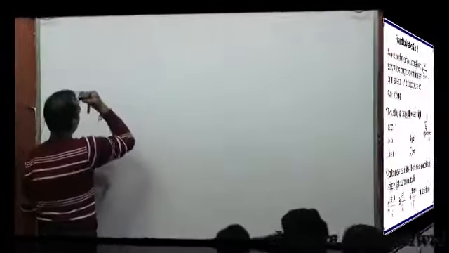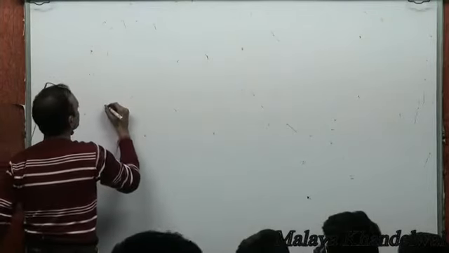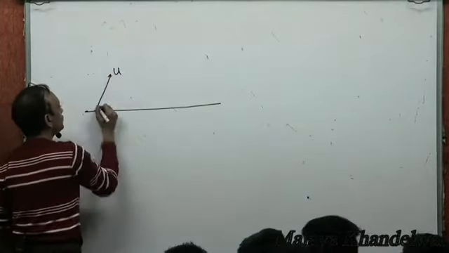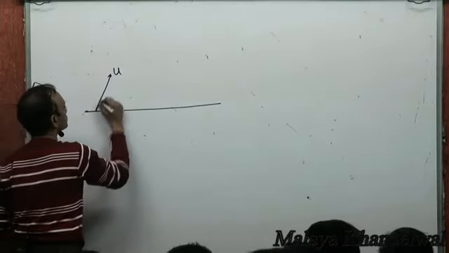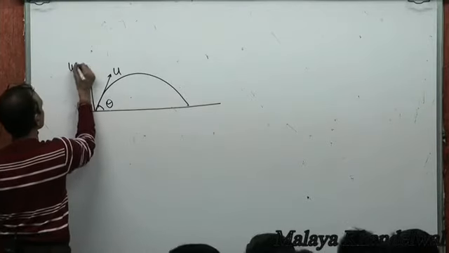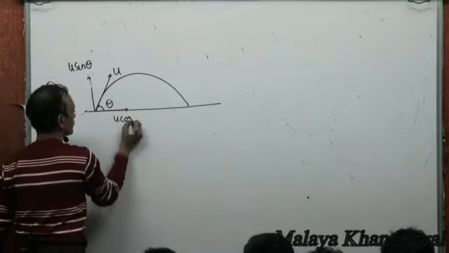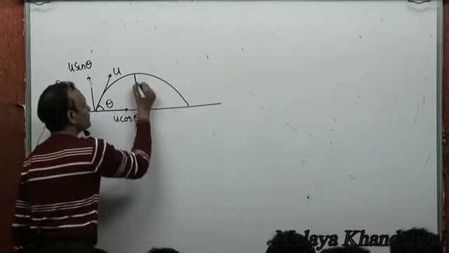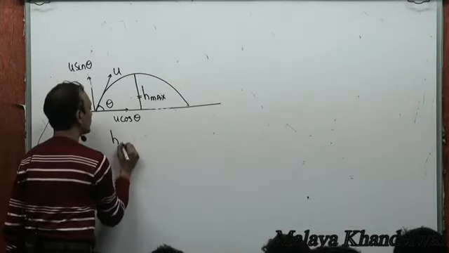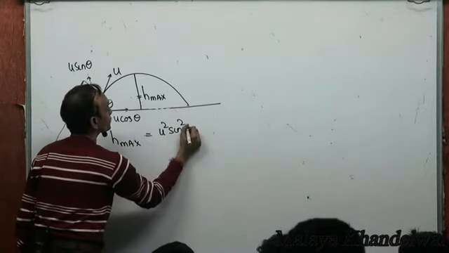See, one thing, so the next problem, but a prelude to that problem, in a typical projectile motion, if u is the velocity and this angle is theta, the maximum height attained is u square sine square theta by 2g.